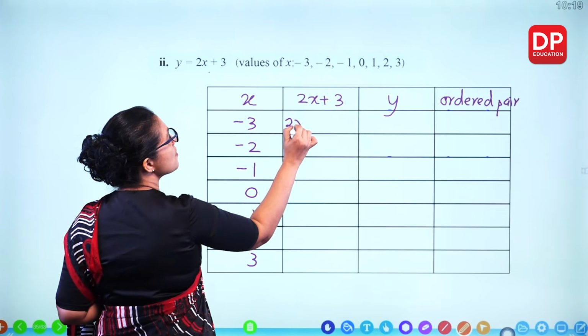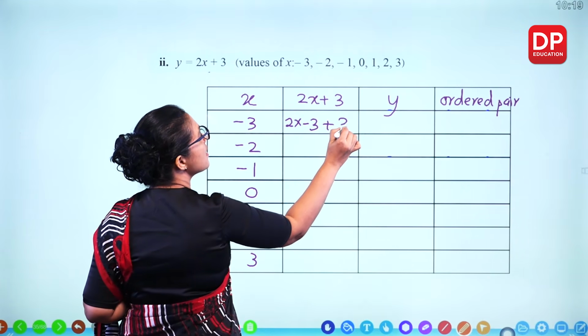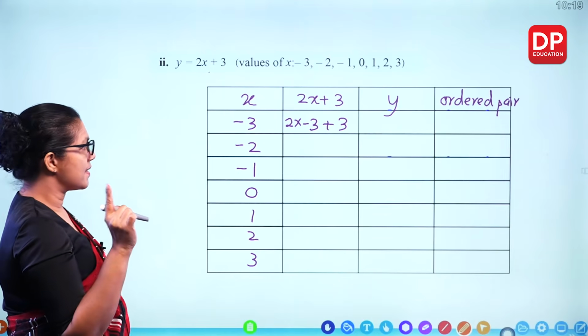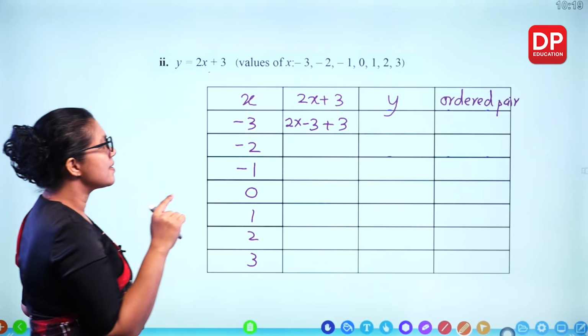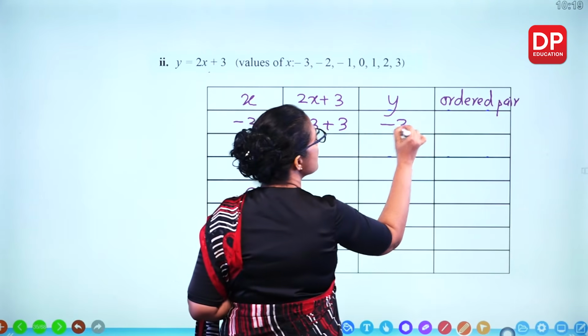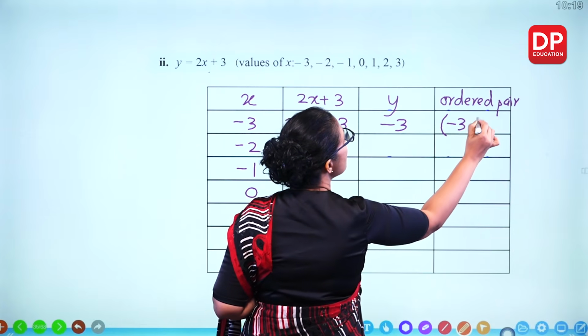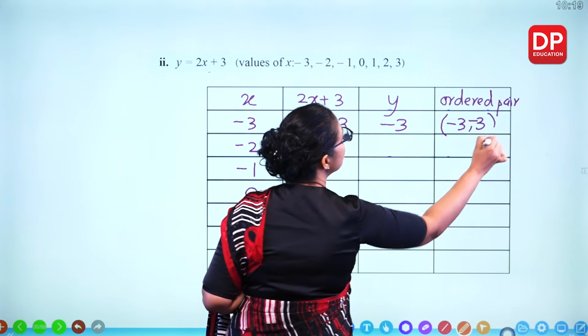Substitute 2 times minus 3 plus 3, 2 times 3 is 6, the minus sign is there. Minus 6 plus 3 is minus 3. So minus 3 and minus 3.